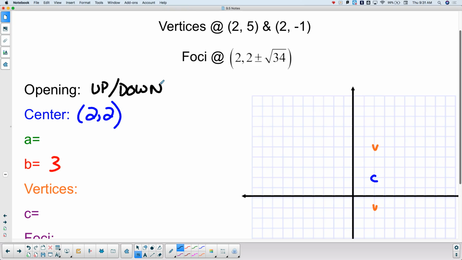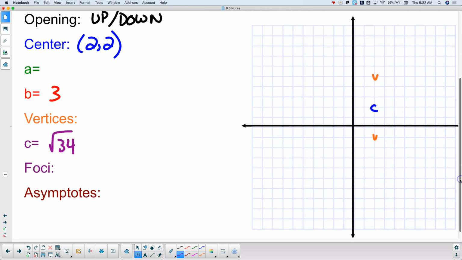Fantastic. Talk to me now, Julie, about foci. So what is the square root of 34? What part would I be able to fill in with the square root of 34? C. C squared would be what? 34, yeah, exactly.